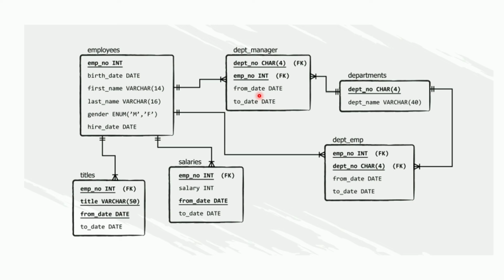So first the schema, the ERD, entity relationship diagram, is created. The data types are defined, and then the normalization. There are different levels of normalization which we are not going into in depth as of now, because we are more focused on the querying language SQL as such, right? Just to give you a basic idea, we could have combined the department number as a column in the department manager table itself.